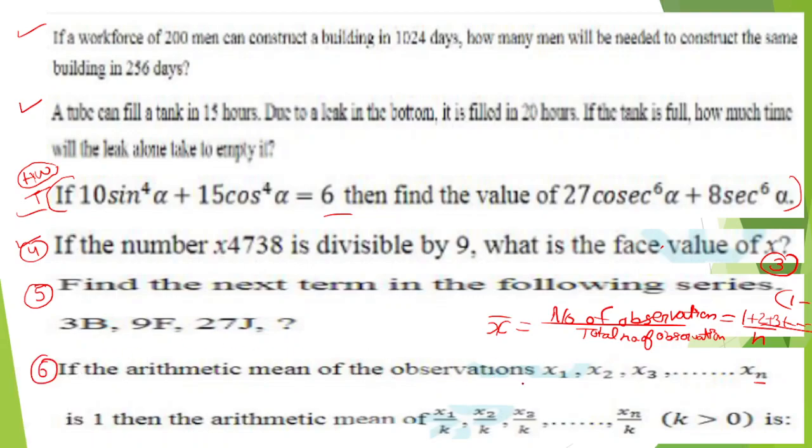Let us put it also here in observation. It will be x1 by k plus x2 by k plus x3 by k up to xn by k, divided by the total number n.